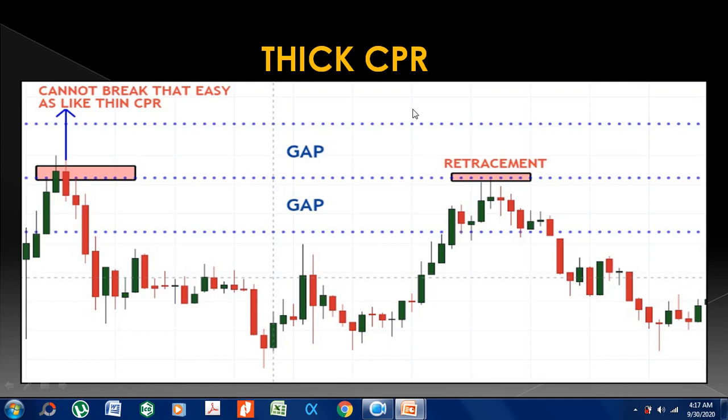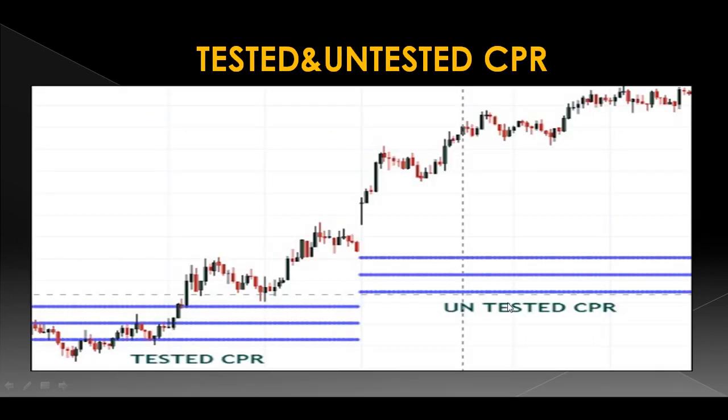What is the next one? Tested and untested CPR. What is tested and untested CPR? It means when the candles have tested the range of the central pivot range, it is called tested CPR.